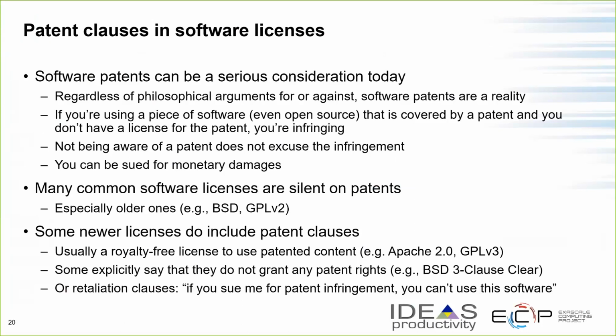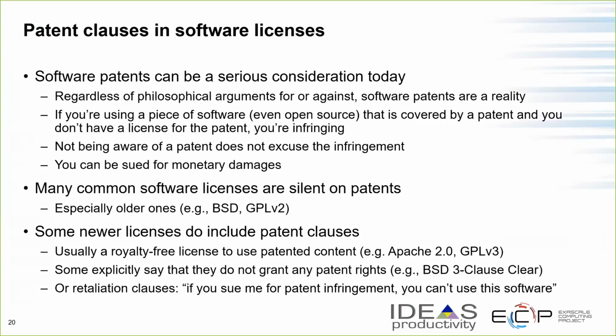Basically, in a license like Apache 2.0 or GPL version 3, there's a clause that says, I give you a royalty-free license, which means you don't have to pay for it, for any patented material covered by this software that I'm giving you a license to.